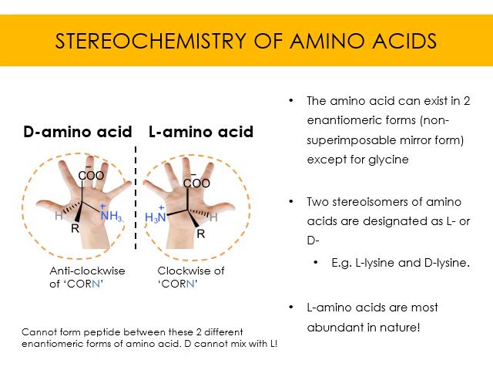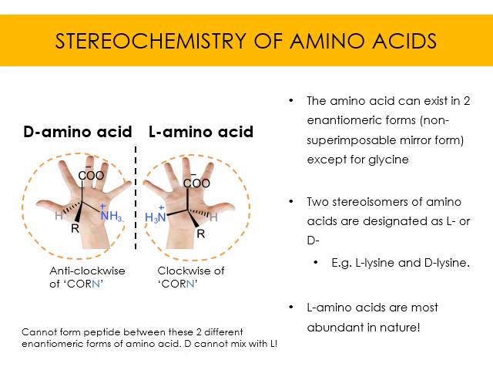How can we tell them apart? It depends on the arrangement, clockwise of CORN, where CO comes from the carboxyl group of the amino acid, R is the functional group or side chain, and N is the amine group. If it's clockwise, it is an L amino acid, whereas if it's anti-clockwise, it is D.